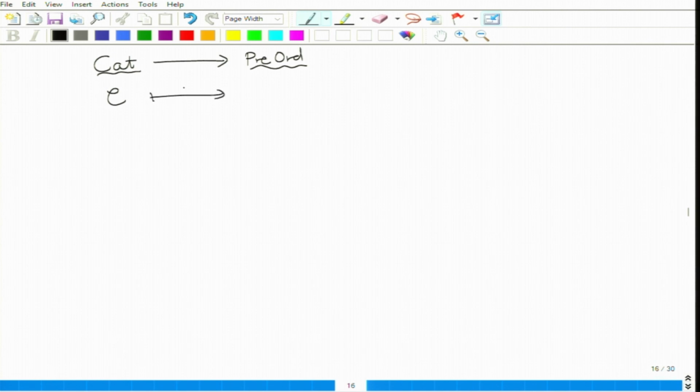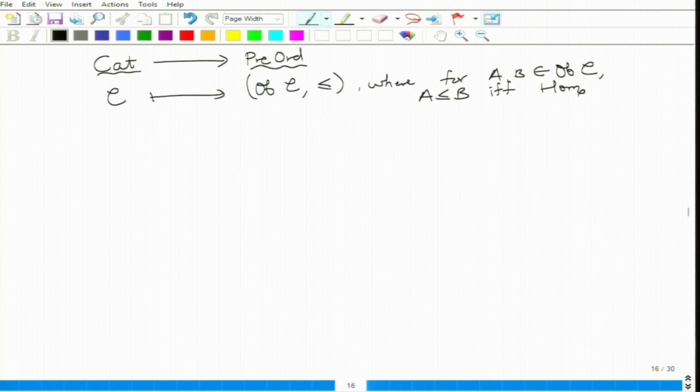Take the collection of objects of C, and equip it with a less equal relation where for A and B in objects of C, A is less equal B if and only if the home set in C of A and B is non-empty.